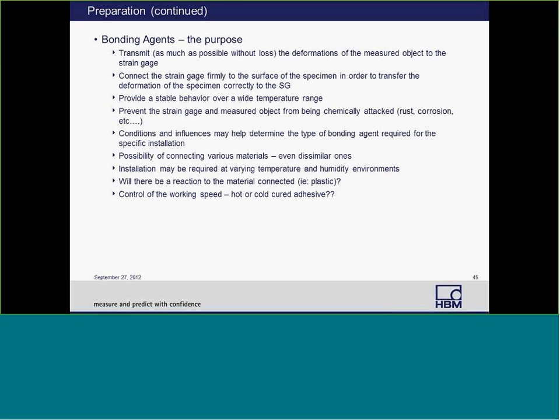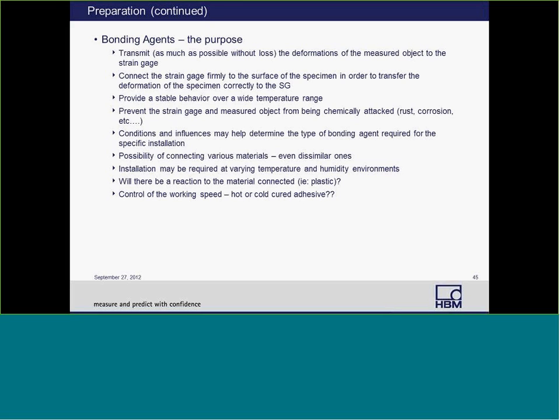Conditions and influences may help determine the type of bonding agent required for the specific installation. There's the possibility that we're going to be connecting various materials, even dissimilar ones. And then installation of the gauges may be required at varying temperature and humidity environments. We need to consider, will there be a reaction to the material connected, i.e. plastic.